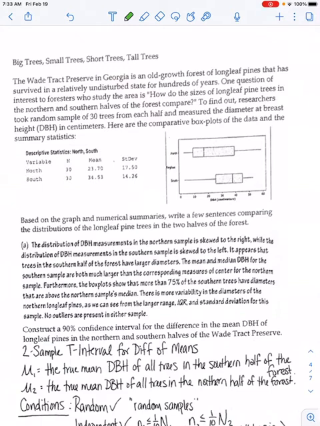To find out, researchers took a random sample of 30 trees from each half, there's my 2 samples, and measured the diameter at breast height, DBH, in centimeters. Here are the comparative box plots for the data and the summary statistics.